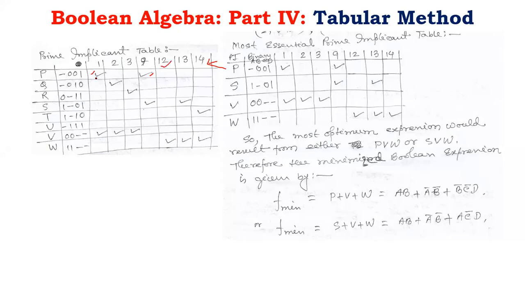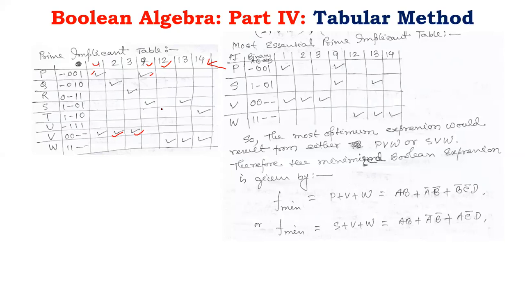Now if we take P, then 1 and 9. Clear? Then 2, 3, and P already is there. So P, V and W, then we will cover all the min terms.